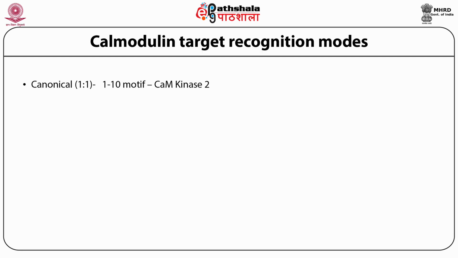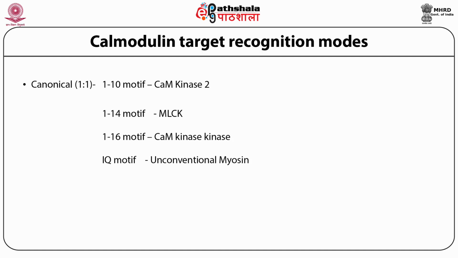Now these could be quite different. It can bind to a 1-10 motif, a 1-14 motif, a 1-16 motif, or an IQ motif. So what do we mean by a 1-10 motif? The first residue and the 10th residue have to be hydrophobic residues, where the calmodulin hydrophobic pockets bind.